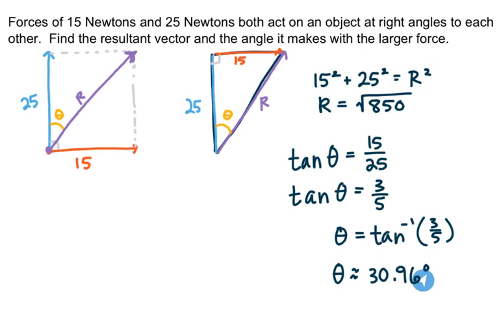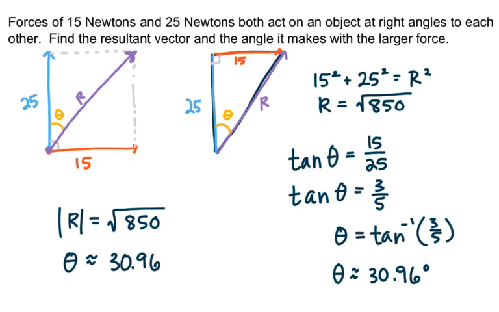And if you're in radian mode, you will get the incorrect answer here. So the magnitude of the resultant, the magnitude of r, is the square root of 850, and I don't feel I need to plug that in my calculator and round it. And then theta is approximately 30.96 degrees.